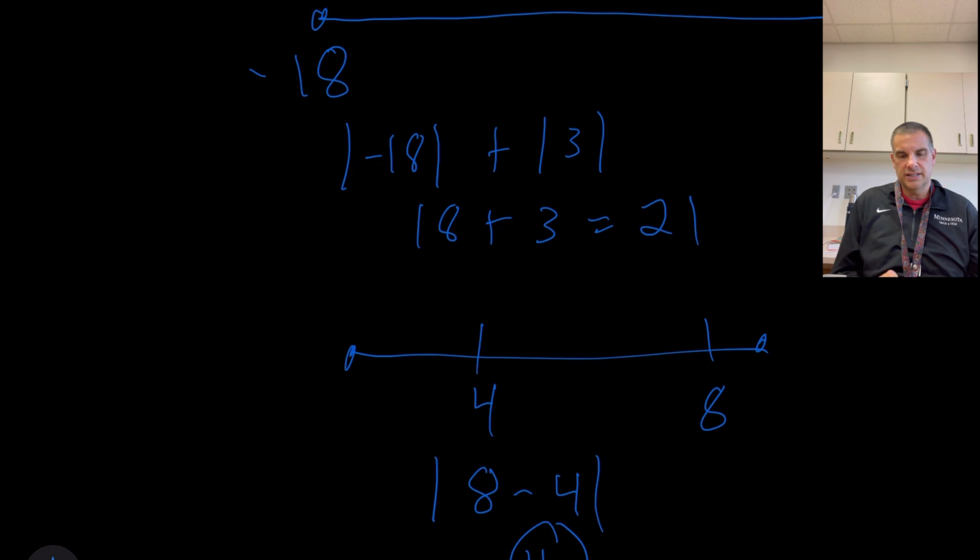So in this case, it's 4. So if they're on different sides, take their absolute values and add them. If they're on the same side, take the bigger number minus the smaller number, and then the absolute value of that. And you really should be good to go as far as distance on the number line.